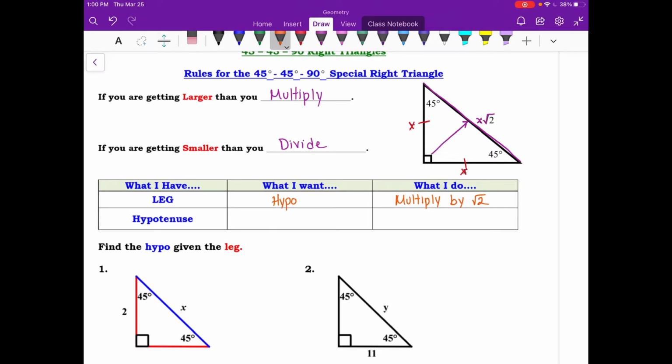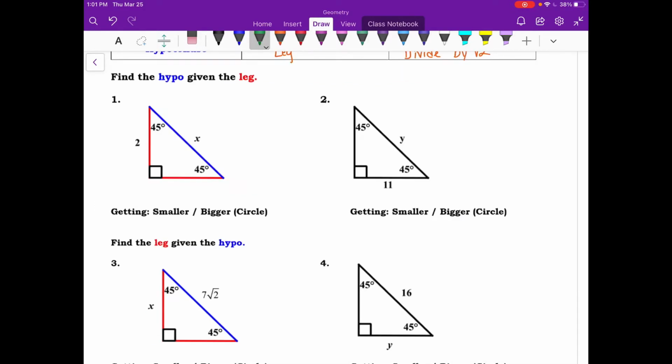And that'll give us the length of the hypotenuse. And when we have the hypotenuse and we want one of the legs, we will be dividing by root 2.